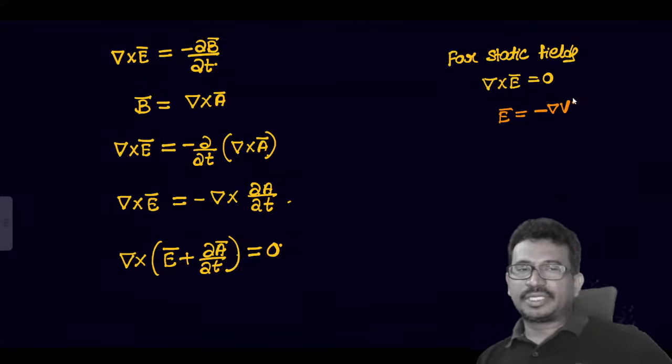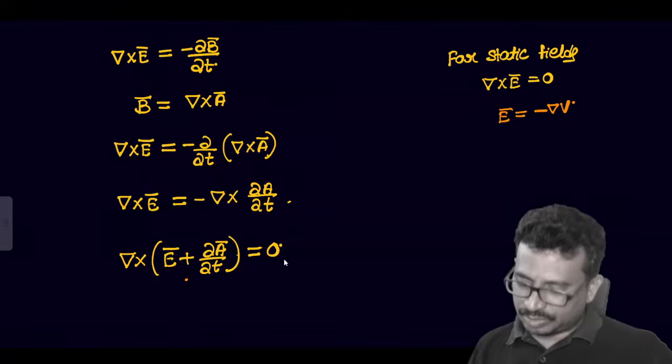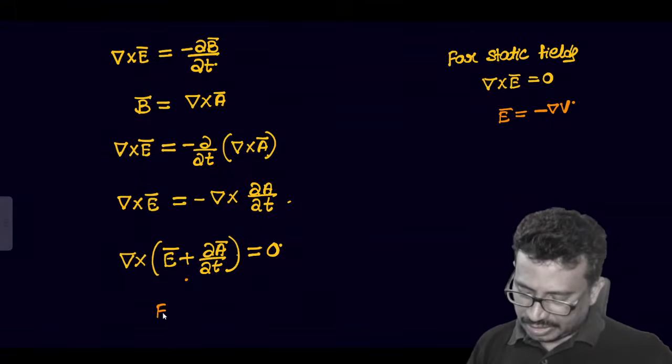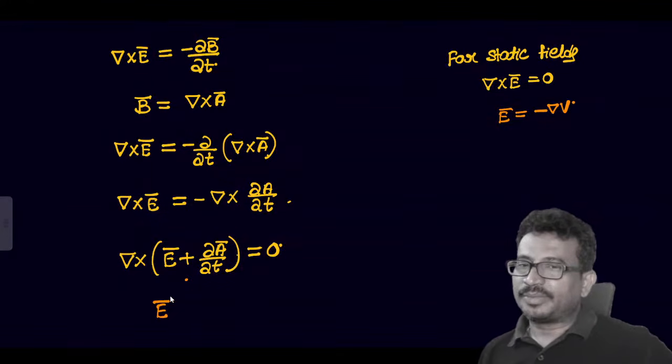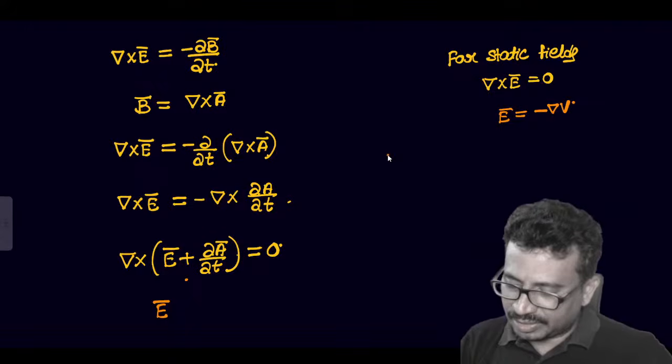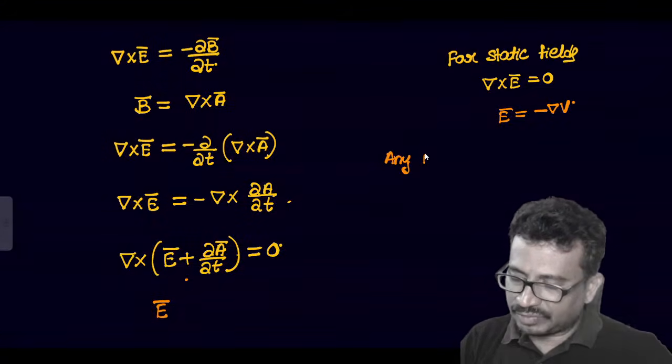But here, in this case, del cross of this term is 0. So that means any irrotational vector can be expressed as what, tell me now?